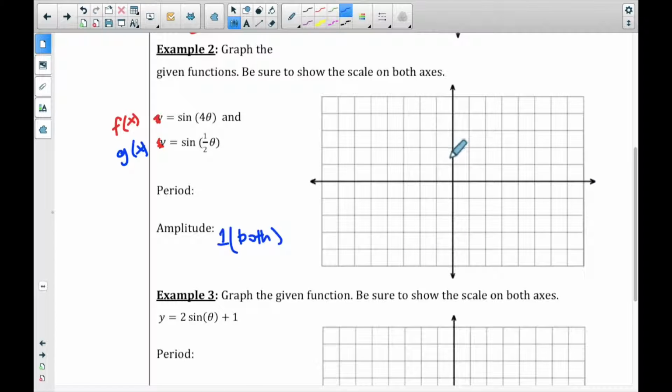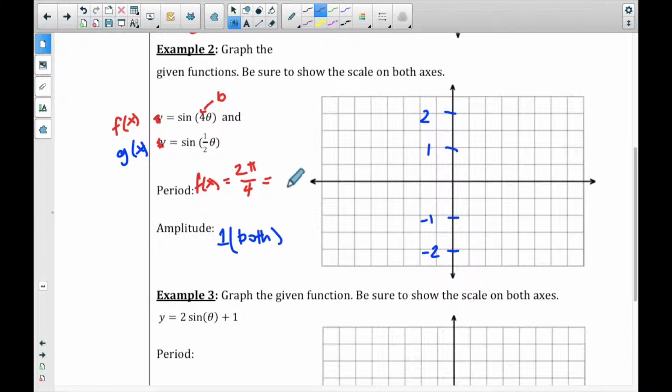And so what I like to do when I'm counting by ones is give myself some space. Here, the amplitude is up and down, and I'm just counting by ones. My period, though, for my f of x function, I take 2 pi over b. And in this case, my b is 4.